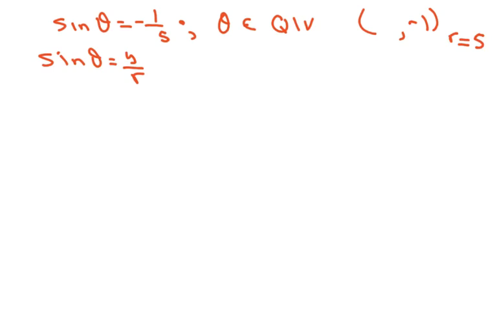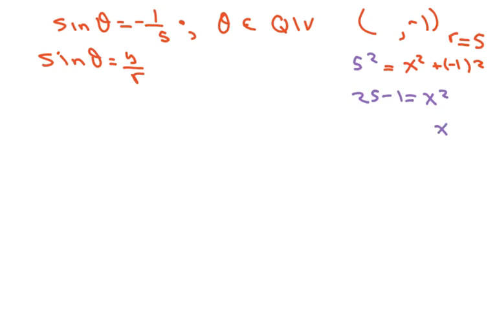So we're going to do r squared equals x squared plus y squared. My r is 5 squared, and subtracting, we get 25 minus 1 equals x squared.